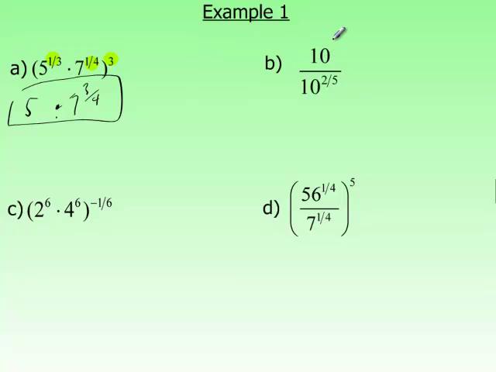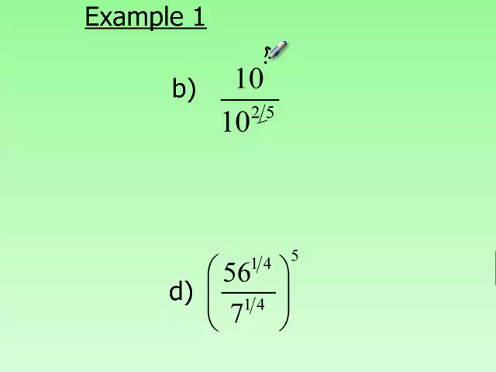But since I'm going to be subtracting 2/5 from whatever's up here, the 1, I'm going to rewrite this as a fraction as 5 over 5. So therefore, I'm going to have 10 to the 5/5 minus 2/5, which is simply going to be 10 to the 3/5.